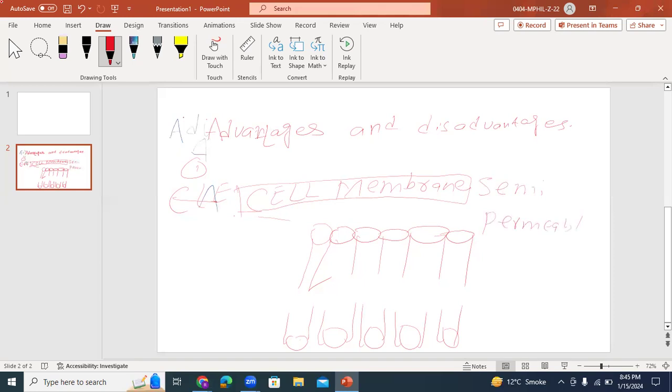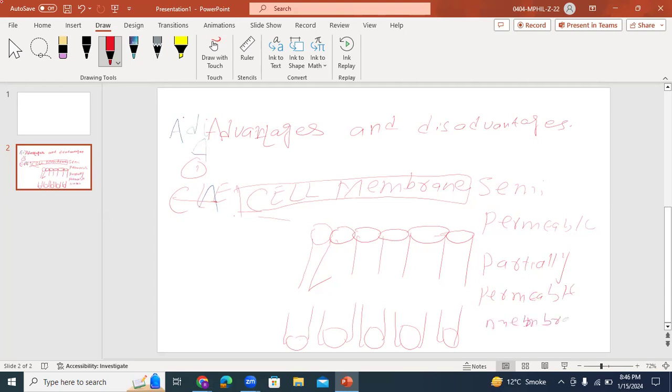I have to choose some other way to write on the board because this board is not very clear. So it's a semi-permeable membrane. Another word that we can use is partially permeable membrane.